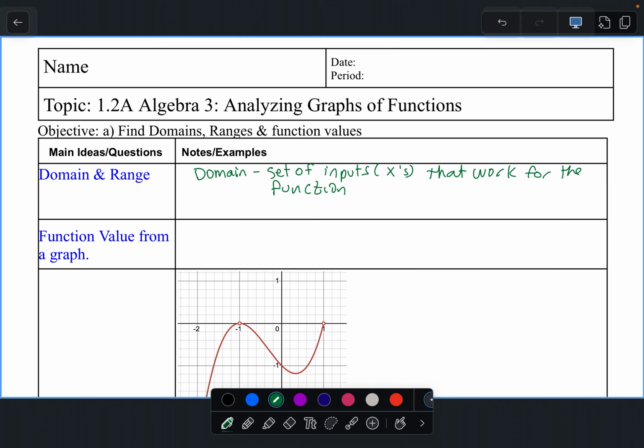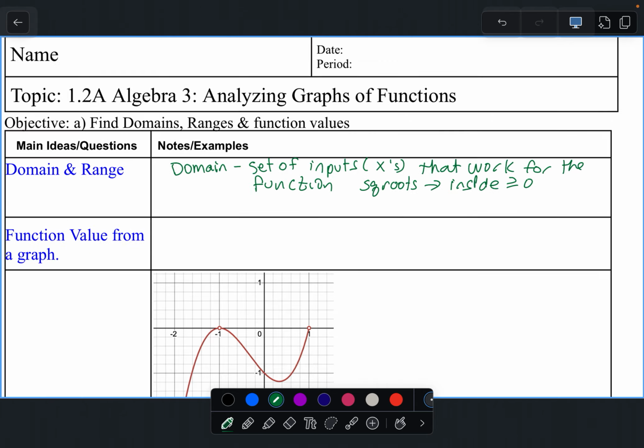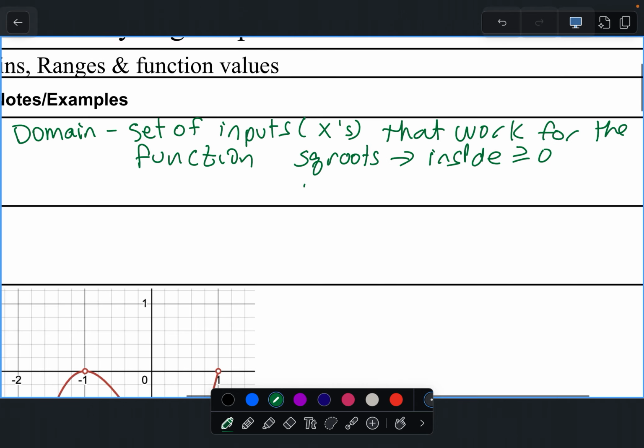So we set the inside greater than or equal to 0. So square roots, inside is greater than or equal to 0, and fractions, the bottom isn't allowed to equal 0.